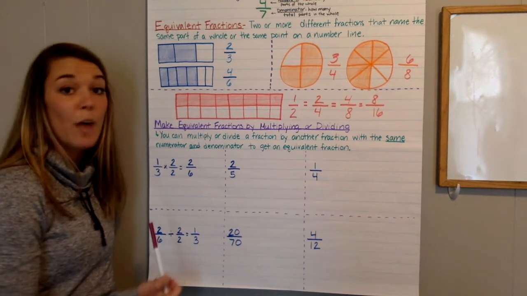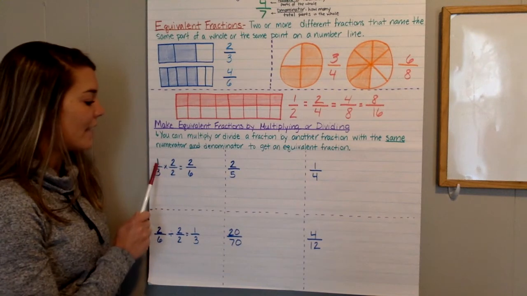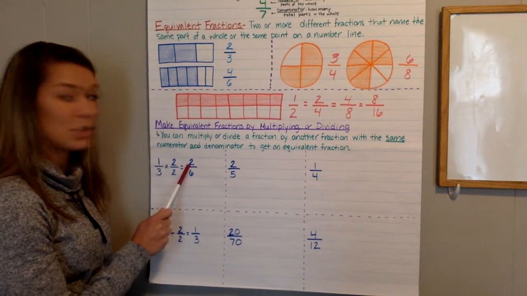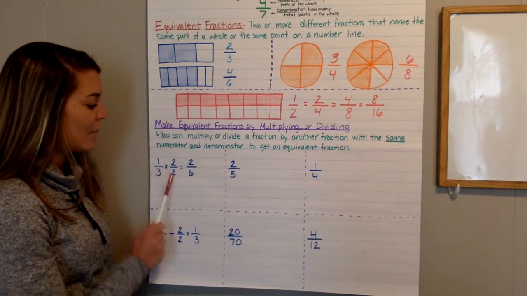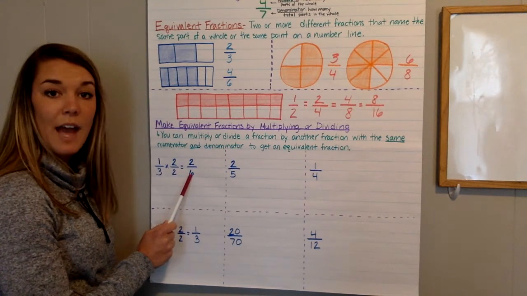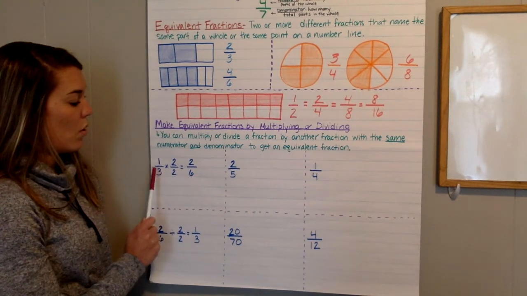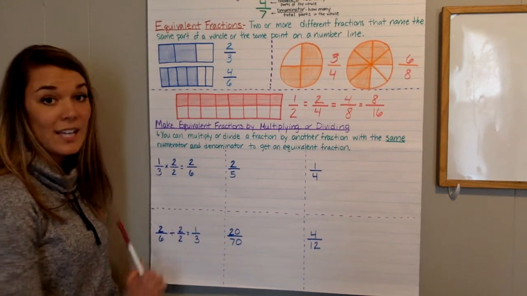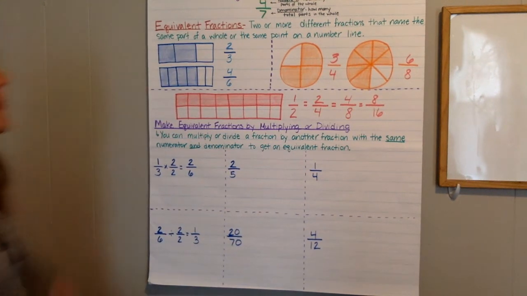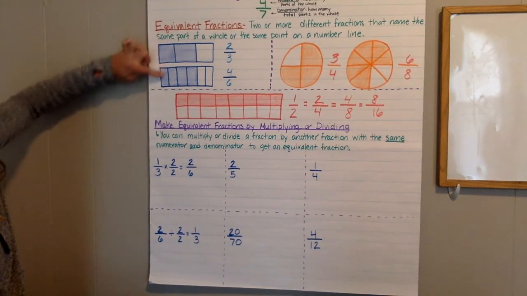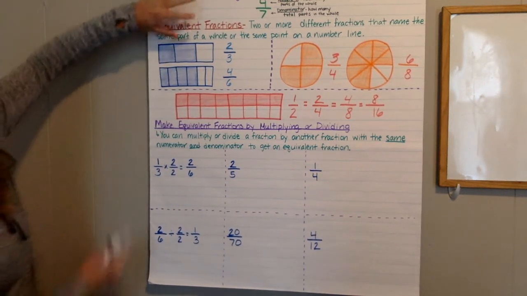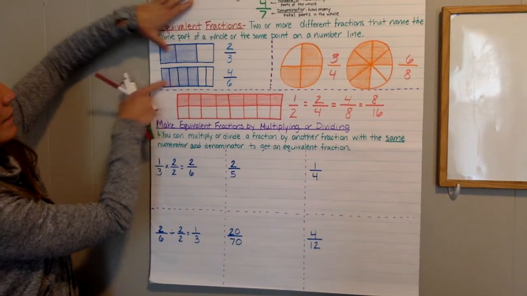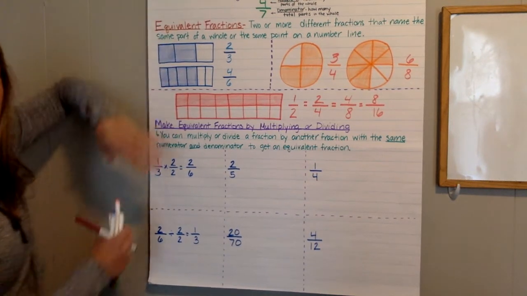You can just multiply right across. So I did 1 times 2 equals 2. 3 times 2 equals 6. Okay? So 1/3 is equivalent to 2/6. I could actually even see that up here. This is 1/3 and this is 2/6. These parts here both show the same amount.